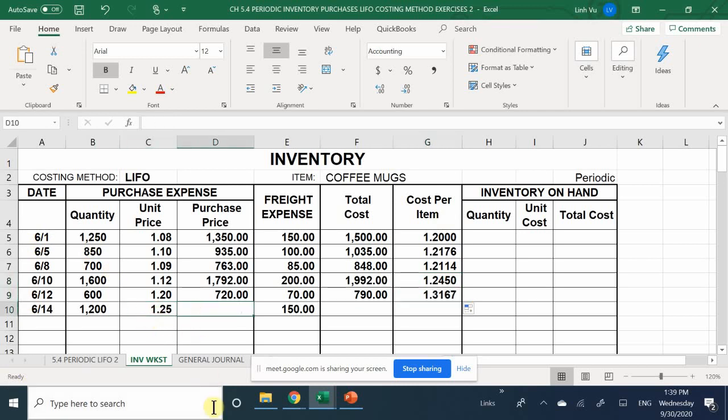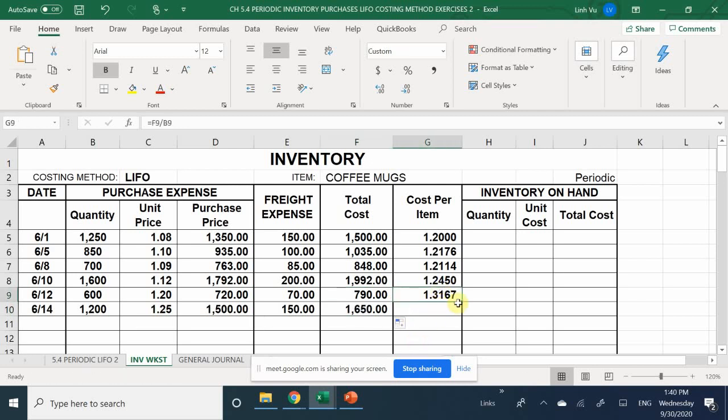And then lastly, on the 14th of June, we made a purchase of 1,200 coffee mugs at $1.25, and my freight was $150. So I have $1,500 for the purchase price. Good. And my total is $1,650.